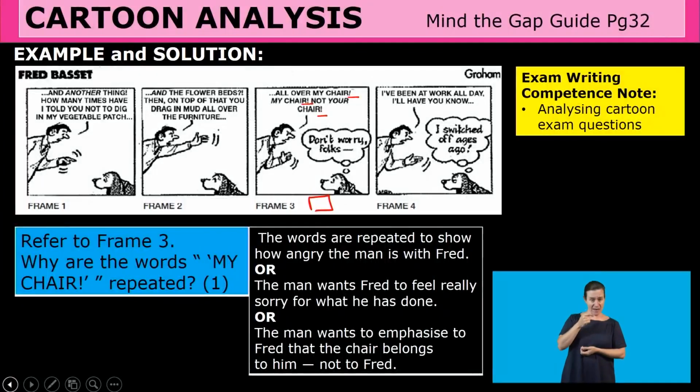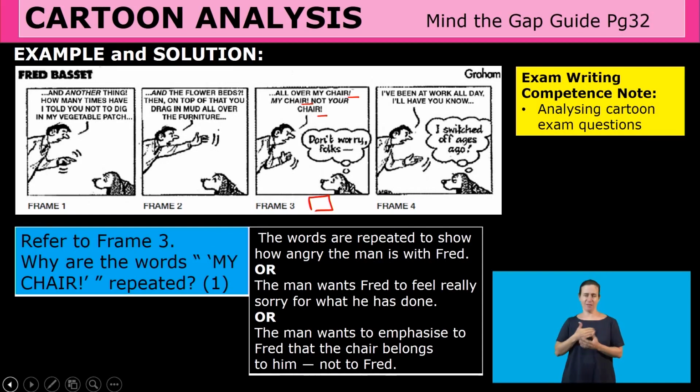It's to drive home the point, you cannot be sitting on my chair, all right? Or, the man wants Fred to feel really sorry for what he's done. So we know from the message in the cartoon that Fred is not really feeling sorry, but this is what his owner wants to communicate to him.